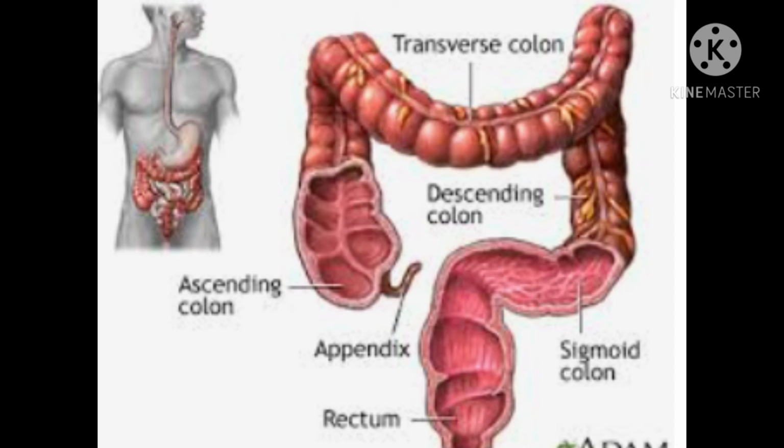It is wider and shorter than the small intestine and mainly absorbs water from the undigested food. The remaining waste is then temporarily stored in the rectum and ejected from the body through the anus.